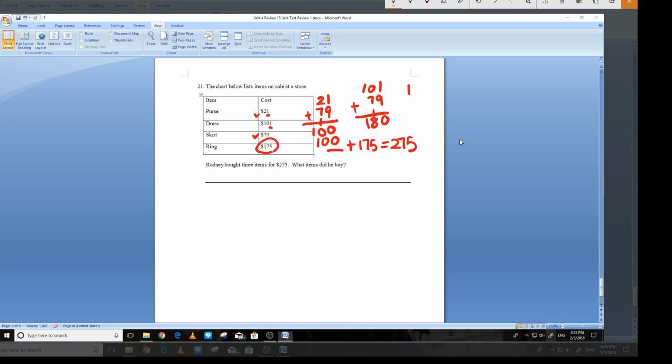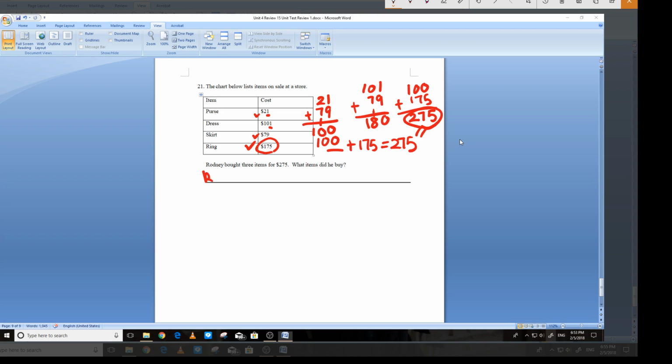Let's just show everyone why this is the case. 5 plus 0 is 5. 0 plus 7 is 7. 1 plus 1 equals 2. That's the right answer. So those are the three items we are picking. We're picking dress, skirt, and ring.